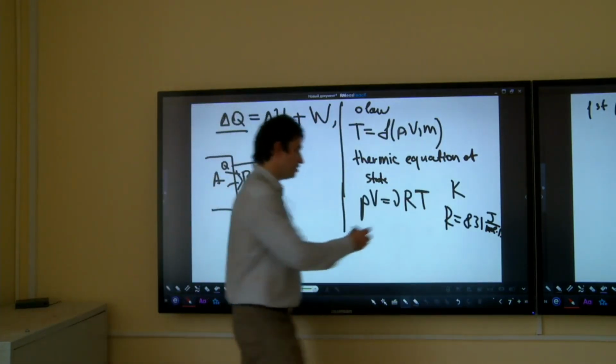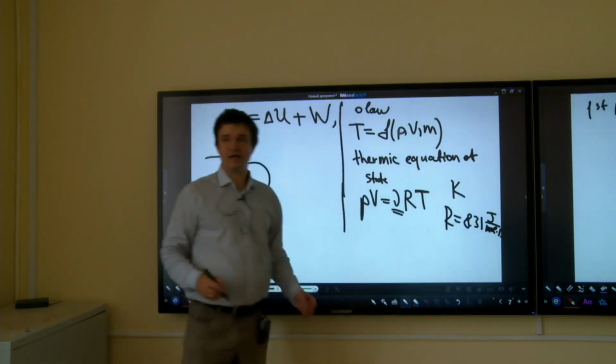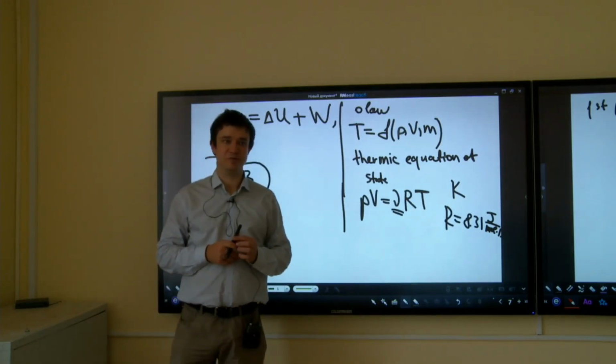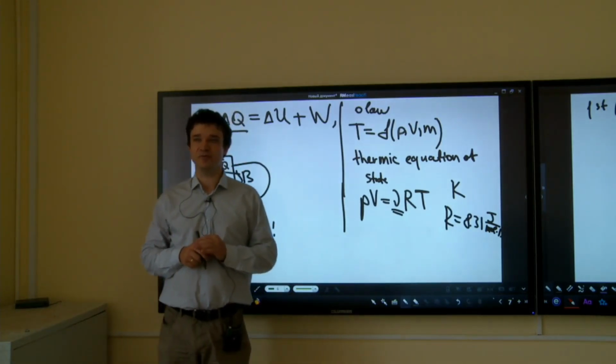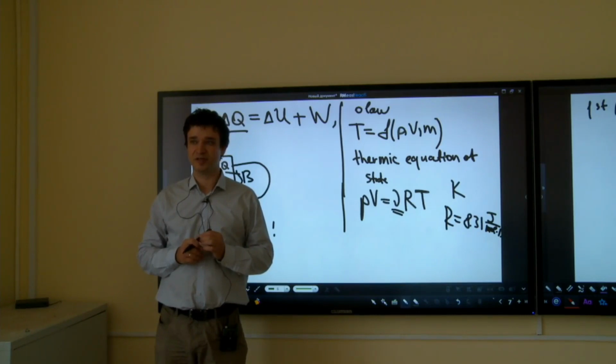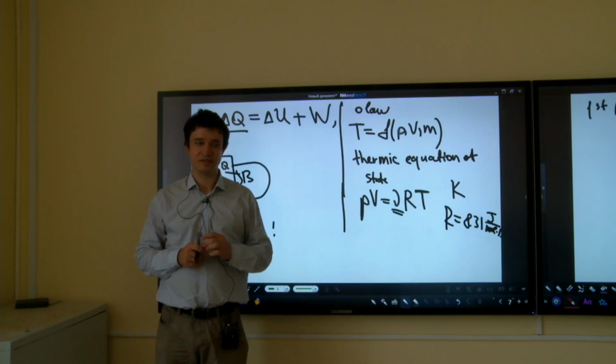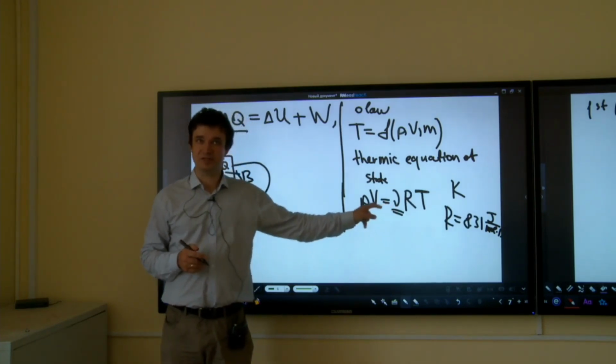Okay, here is the matter. I have a question about the amount of matter. How can I determine the amount of matter? Yes, the number of moles. But what is 1 mole?